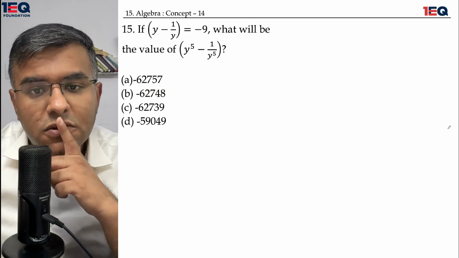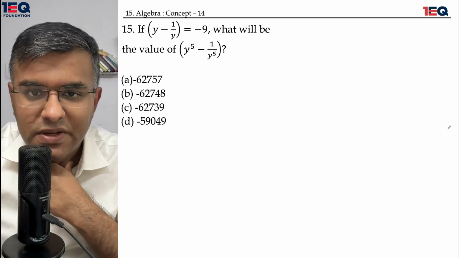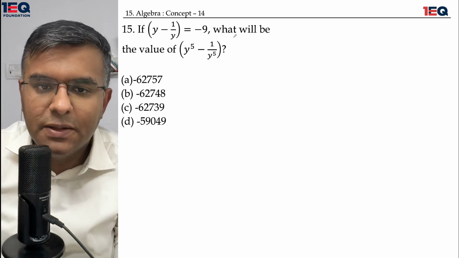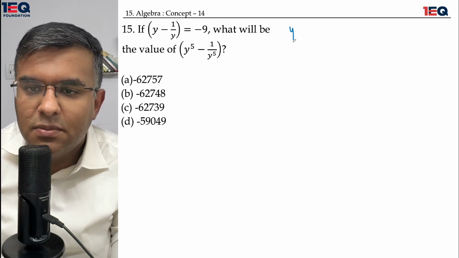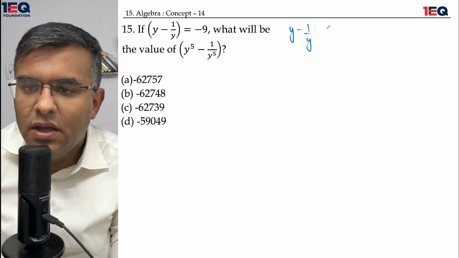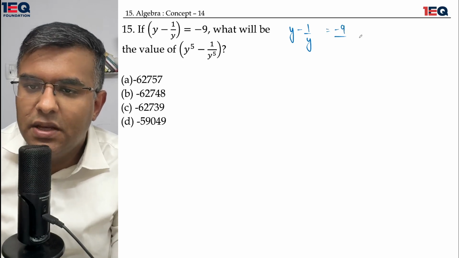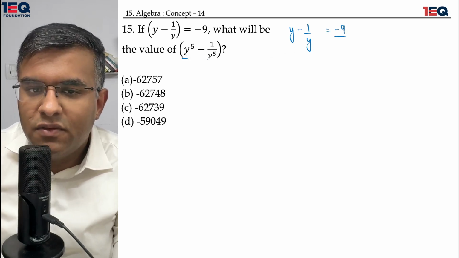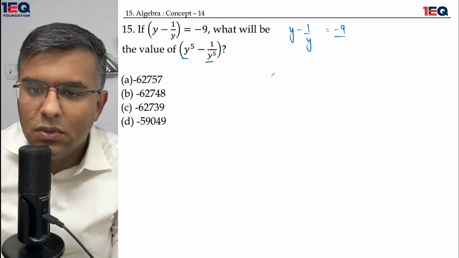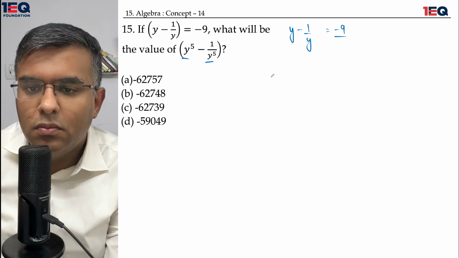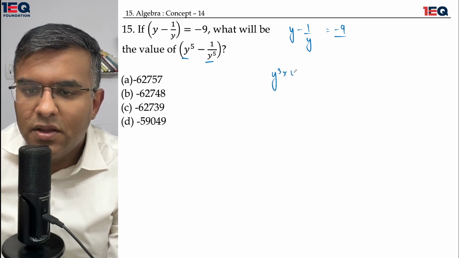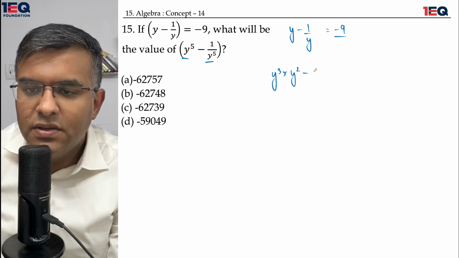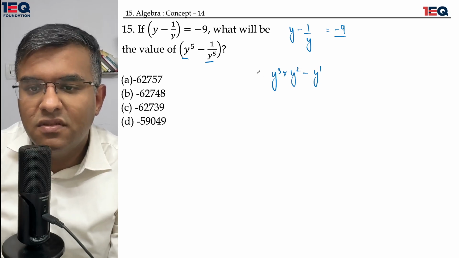Okay, so this is one of the most nasty questions which I've ever seen. So I have y minus 1 by y being equal to minus 9. To make it of a power of 5, I would call into play the powers of 3 multiplied by the powers of 2 minus the powers of 1.